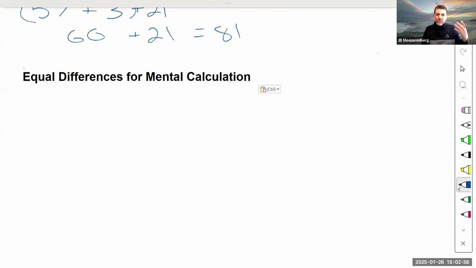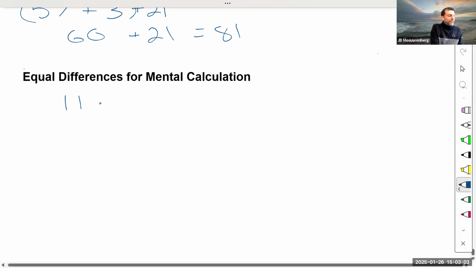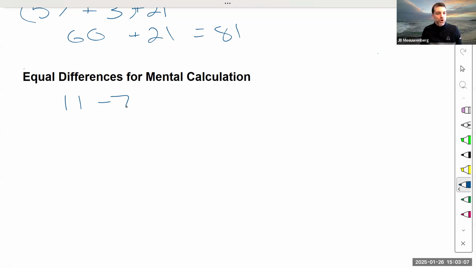Let me show you what that might look like. And I'm going to use some visuals for this. Let's do 11 minus 7. Use some simple numbers to start with. 11 minus 7, and you probably just know that the difference is 4. But one way you could do this is say, what if I just took 1 away from both of those numbers?